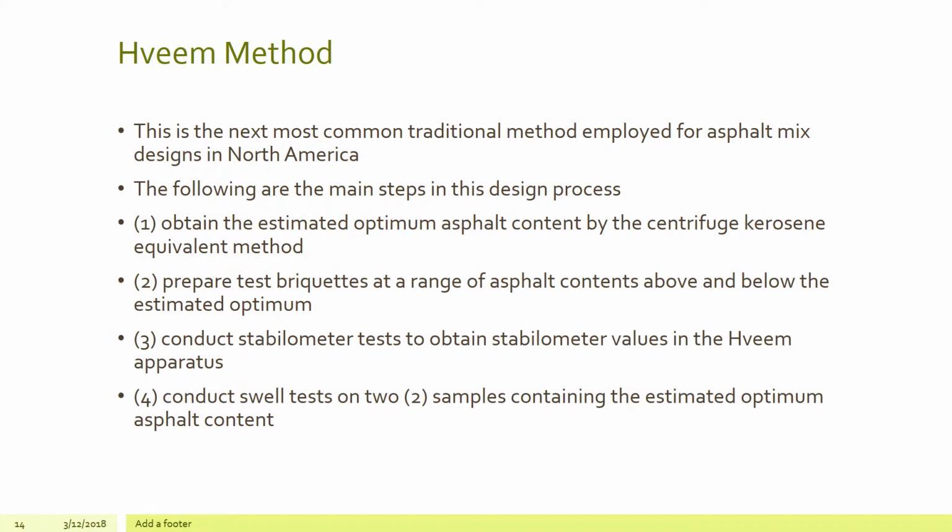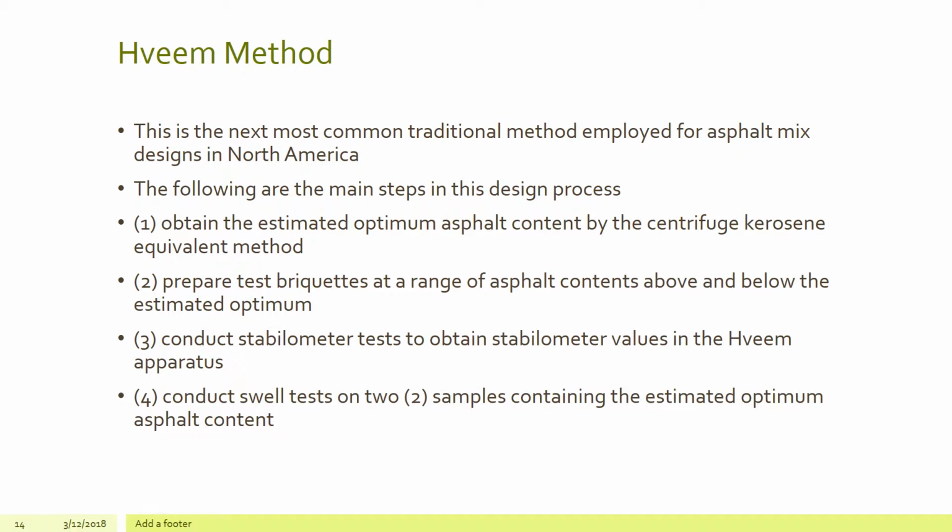Let's take a look at the Hveem method. And of course, as mentioned earlier, this is the next most common method employed for asphalt mix in this part of the world, or North America. And the steps are that we obtain the estimated optimum asphalt content by the centrifuge kerosene equivalent method.